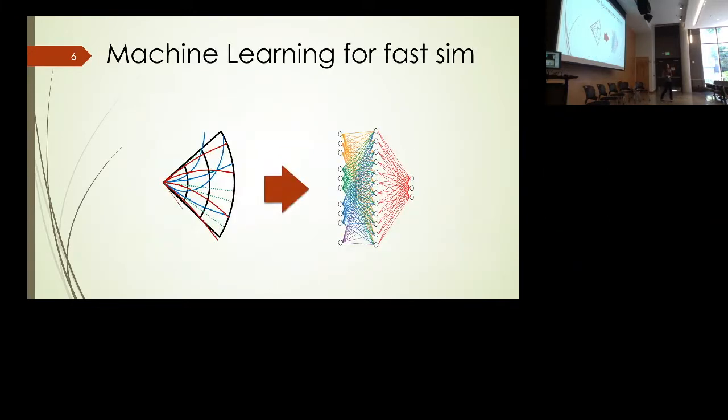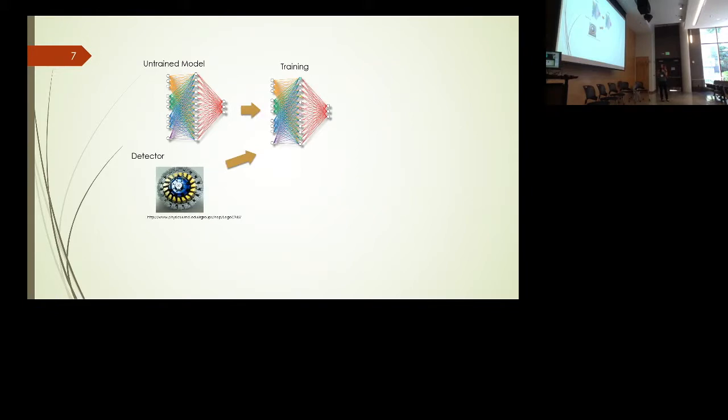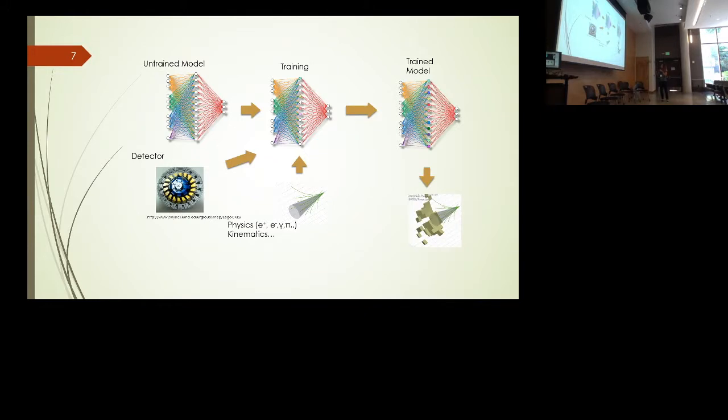But besides the interface, the core of this work is to provide a tool that could use machine learning techniques. So you will see that we plan to test different of them to replace the standard Monte Carlo approach. The idea would be to choose a model, to do the training using information from your detector and the particle types, the kinematics, whatever kind of events that you want to simulate, and get your trained model, and from there use it to generate the events.